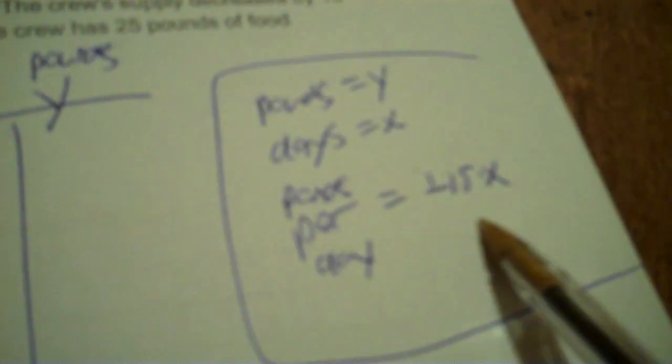Okay, XY table. Pounds is Y. Days is X. So if we have our rate of change, we can go 0 to 1 to 2. Okay, so you'd start with 145 pounds, and every day you add negative 15, which takes it down to 130, 115. Okay, now 25 pounds, I need to find how many days that happens.